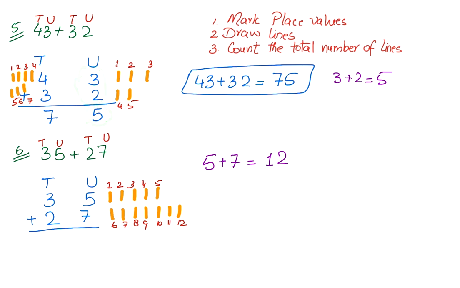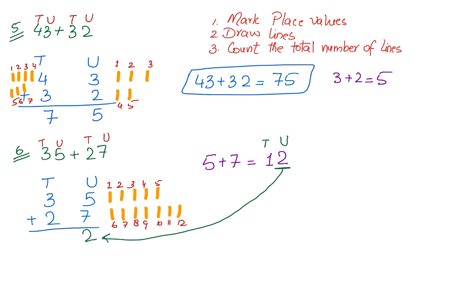But here in this example, the sum of 5 and 7, the numbers on the unit side, is a 2-digit number. This is 12. So what you will do is mark place values on it. You have units and you have tens. Now the unit digit will go to the answer space here.